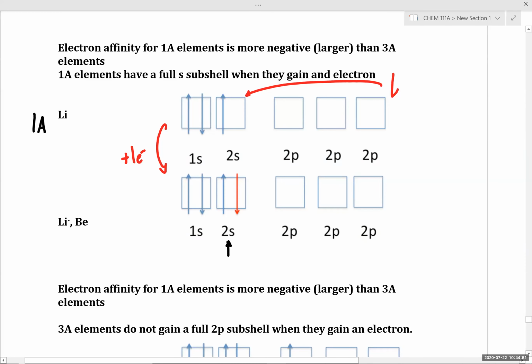Is it full, half full? What's up with this s orbital? It's full. So this full s orbital is relatively stable. And as a result, it is more favorable than usual for 1A elements such as lithium to gain an electron.